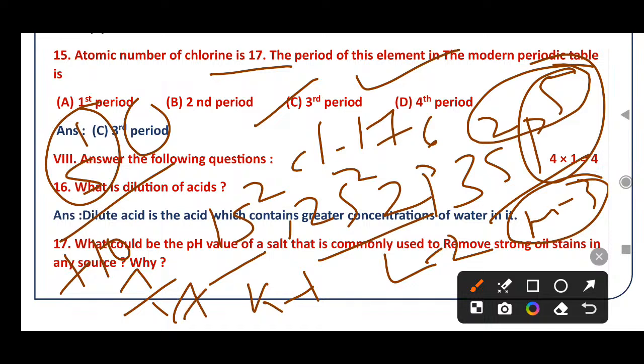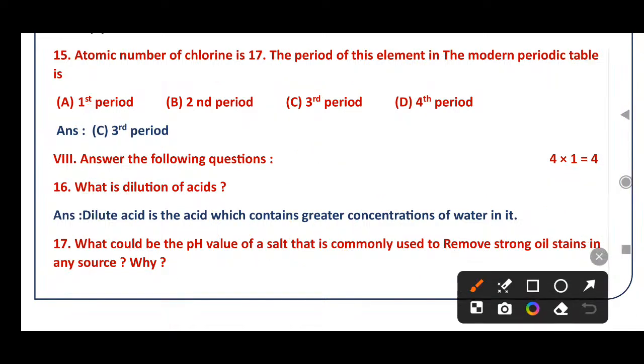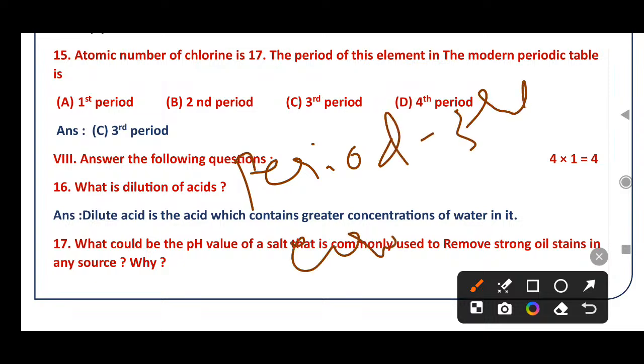That's why chlorine is in the third period and the 17th group. For whatever elements in the periodic table whose electronic configuration ends with p, we add 10. It's a shortcut, a simple way. So it's a 17th group element.